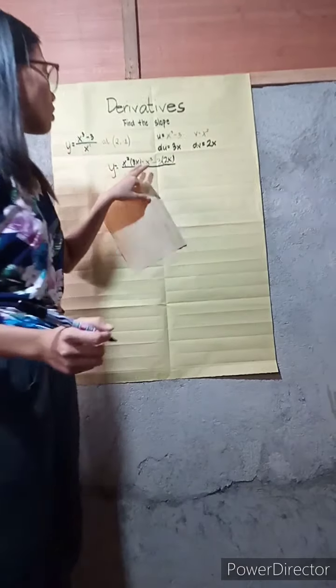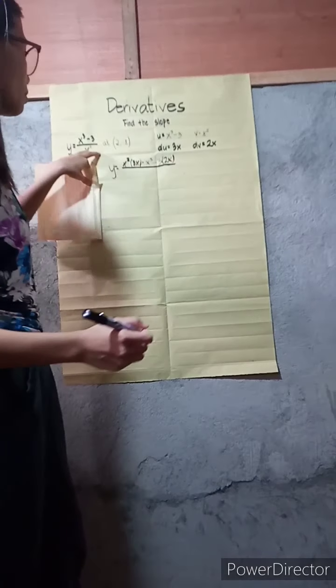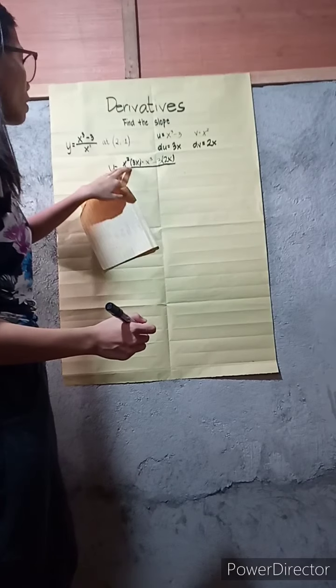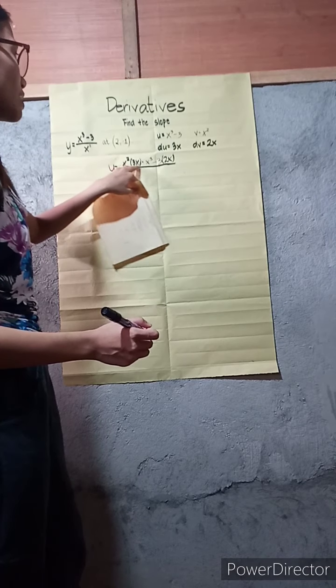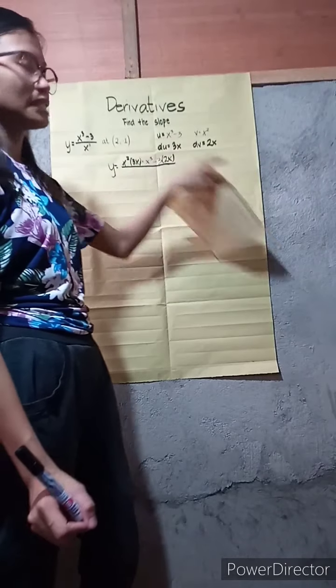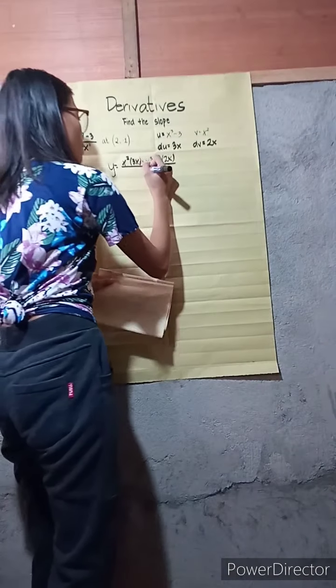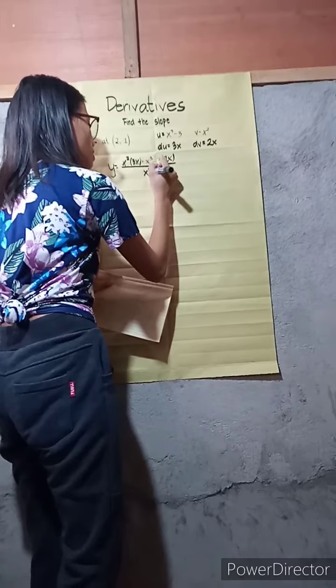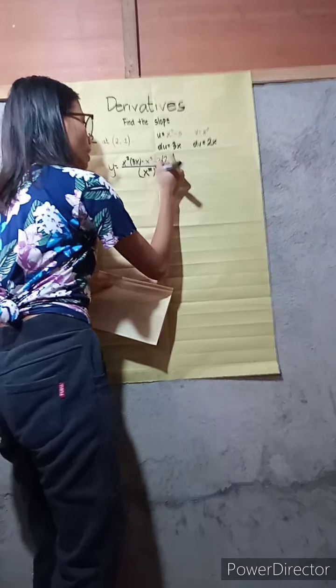Why is that? Because in the numerator we have to have v times du minus u times dv over x squared squared.